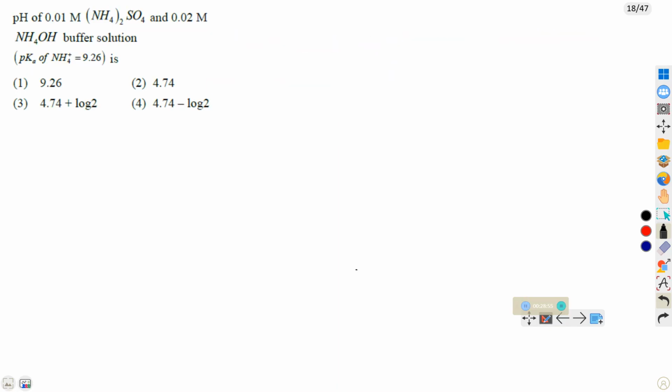pH of 0.01 molar (NH4)2SO4 and 0.02 molar NH4OH buffer solution is, first of all, given concentration of weak base, that is NH4OH, is equal to 0.02 molar.